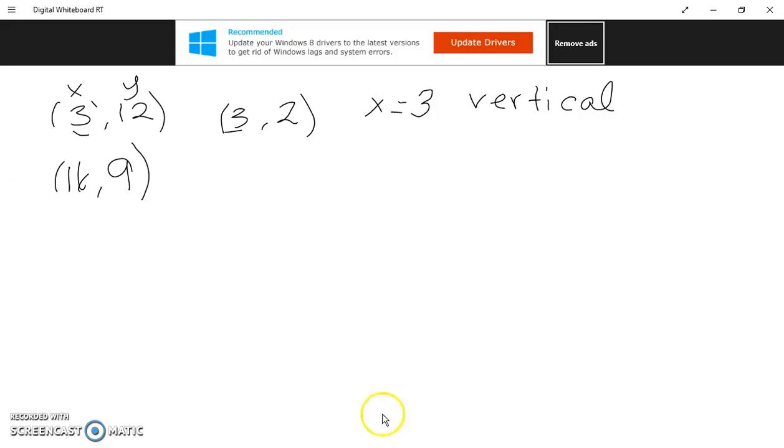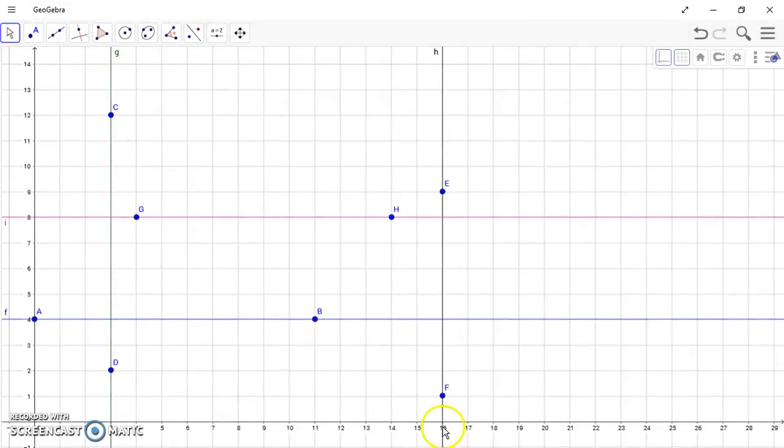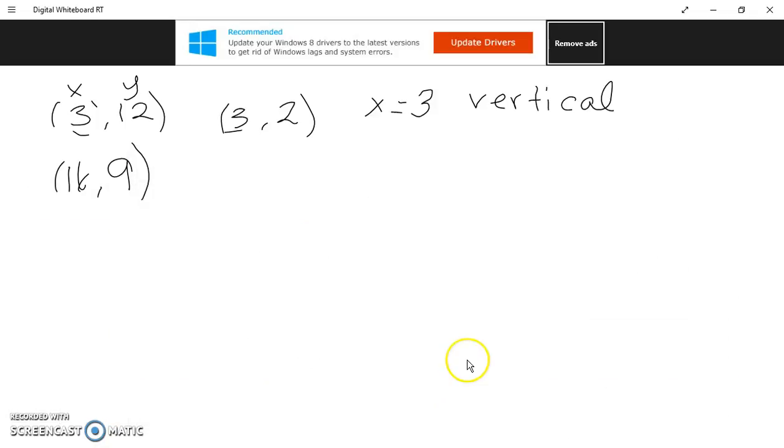Okay? And then we look for our second coordinate down here. It's going to be 16, 1. So I go over 16, up 1. So in this case, if we look at our coordinates, we've got 2 that have 16 as the x. So in this case, our line's going to be x equals 16.